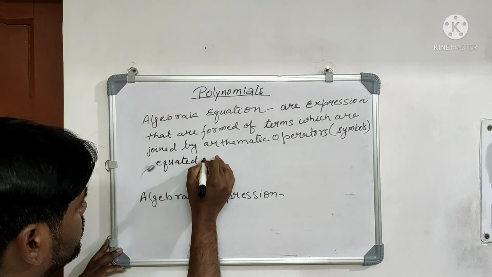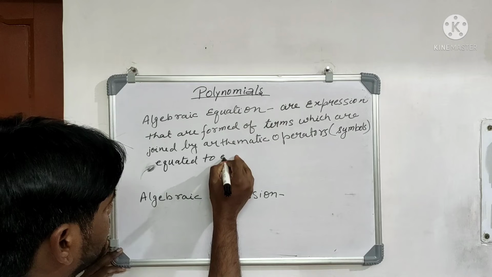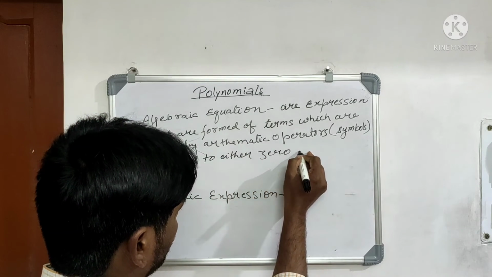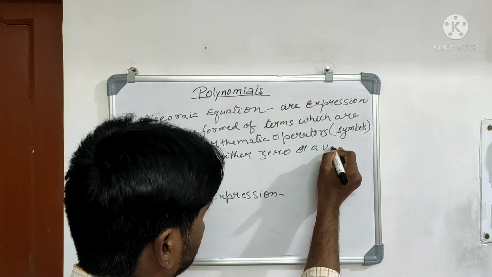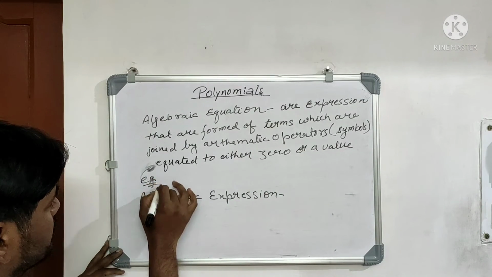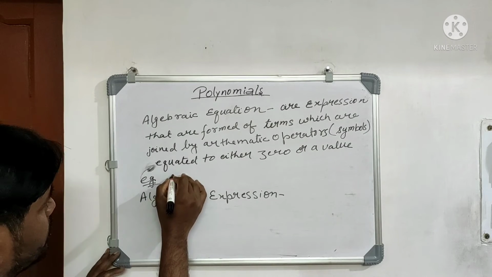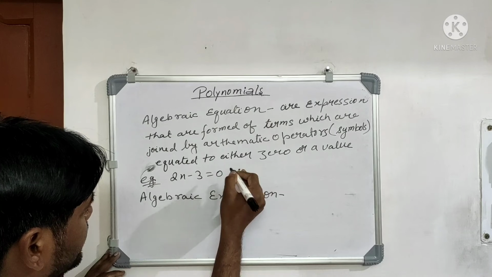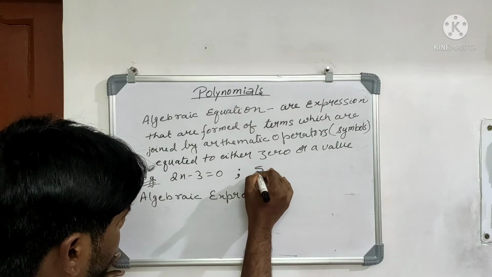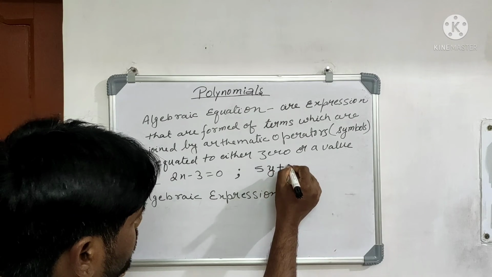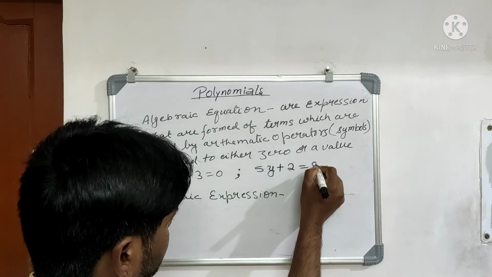Examples can be 2x minus 3 is equal to 0, or we can take another example as 5y plus 2 is equal to 8.